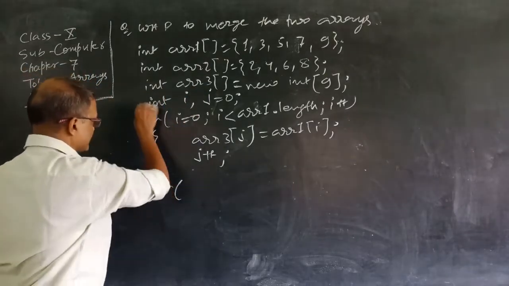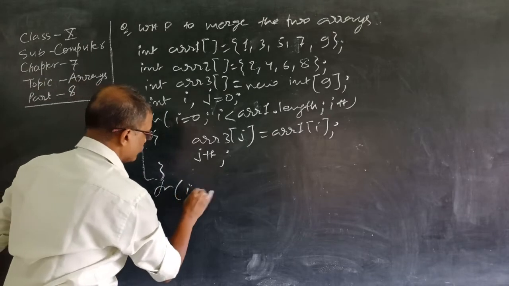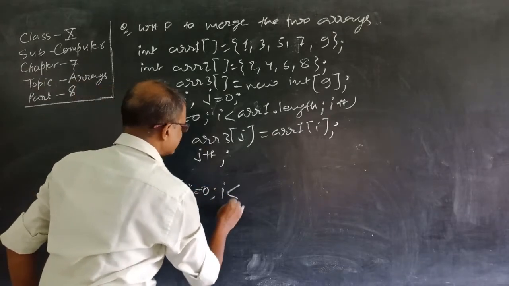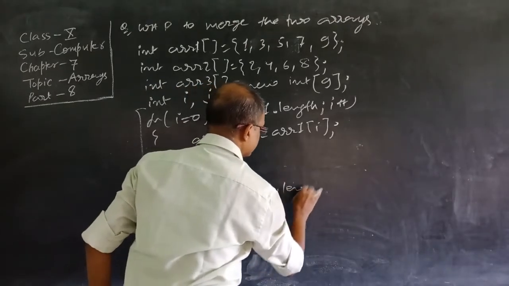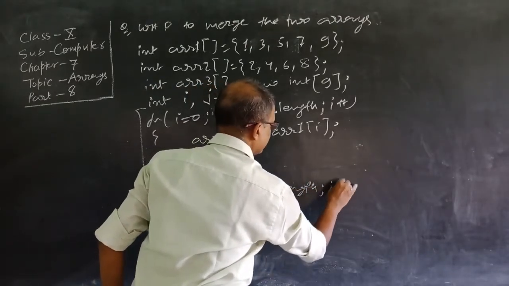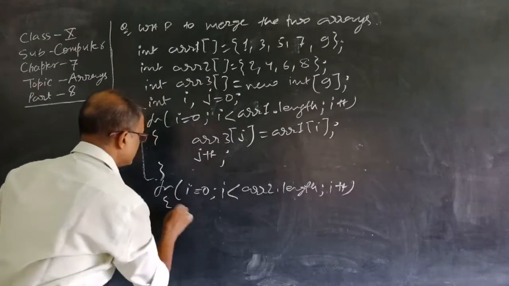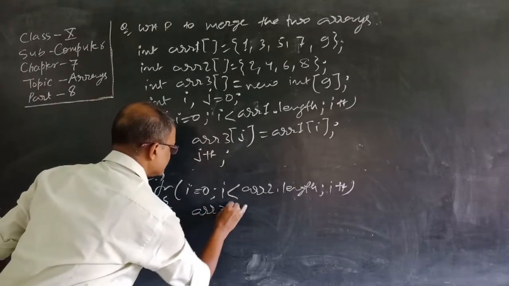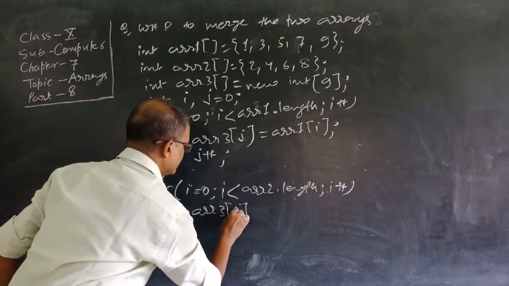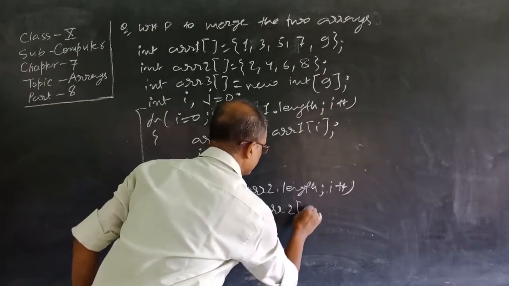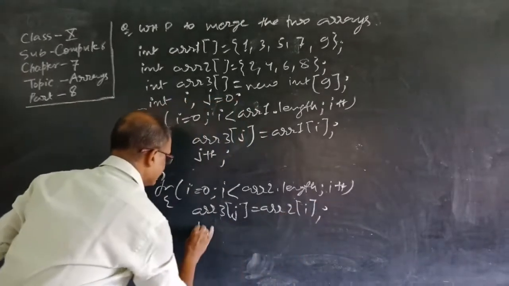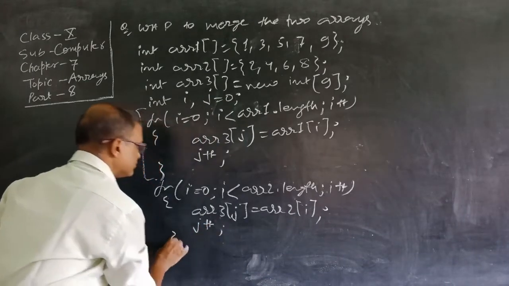We will apply the loop in the same way. i equal to 0, i less than arr2 dot length and i plus plus. arr3 j equal to arr2 i and j plus plus.